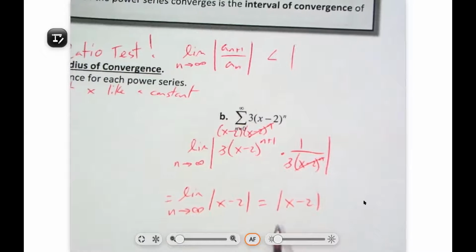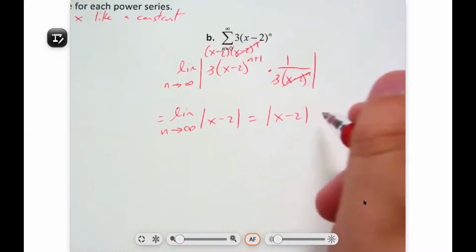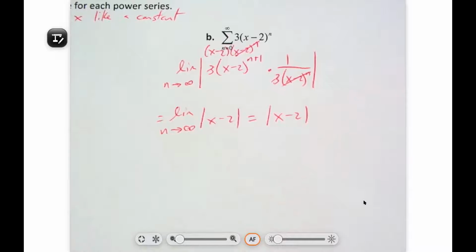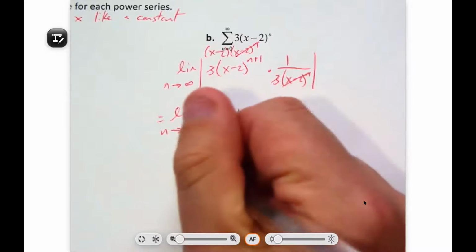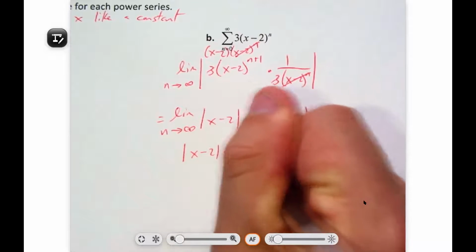Okay, so that's what that limit equals. I still would not put less than 1 here because we don't know if that's a true statement. What we're trying to figure out is when this series converges: when the absolute value of x minus 2 is less than 1.